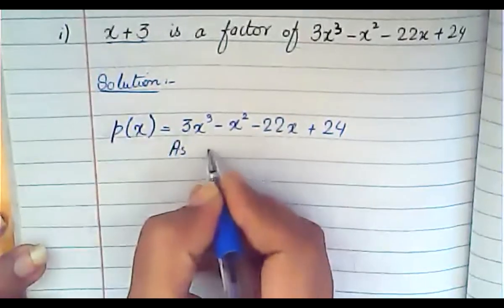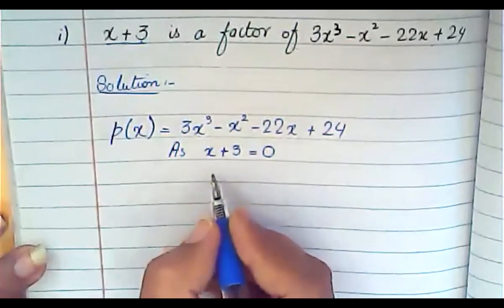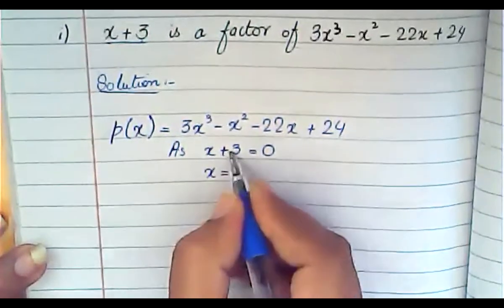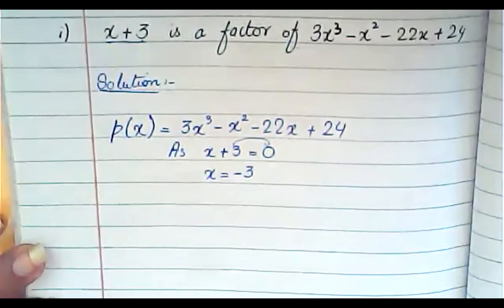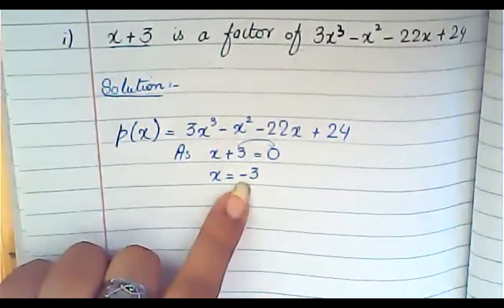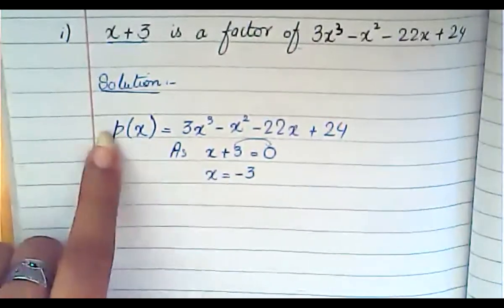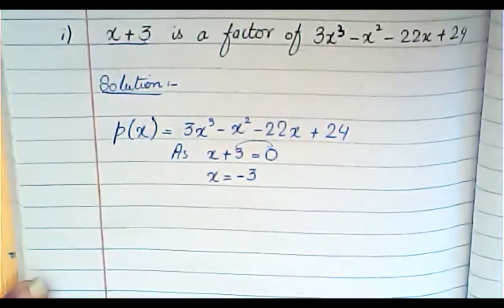As you can see, x plus 3 is equal to 0. So what will x be here? x is equal to minus 3. Now what you have to do here is put this minus 3 in this equation. Okay, how will you put it?